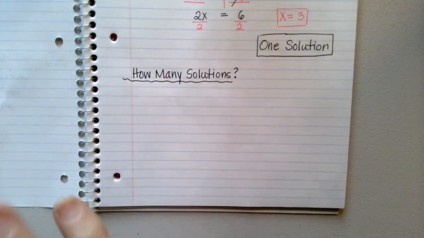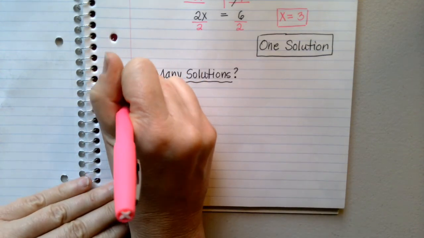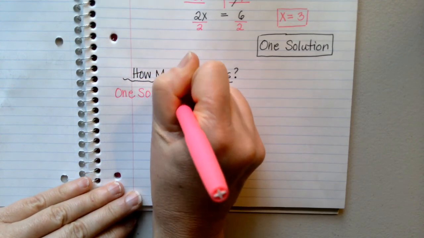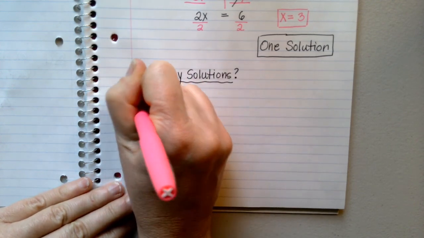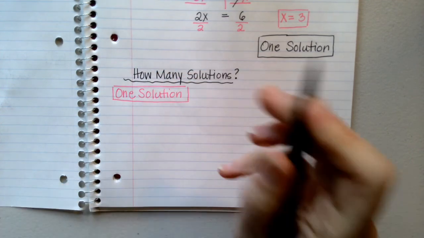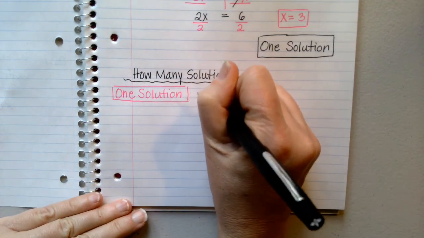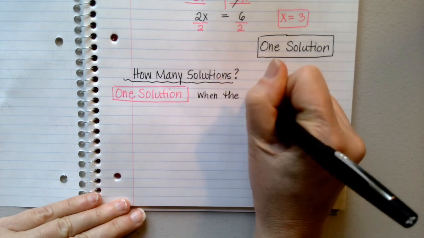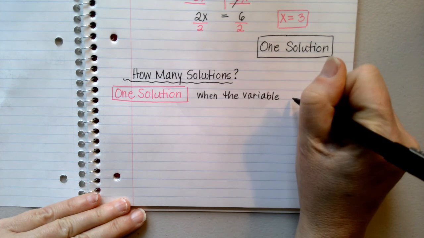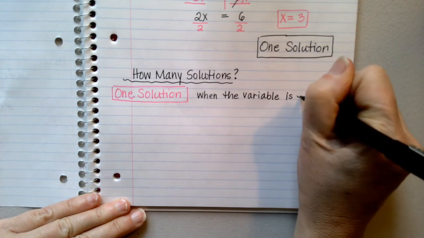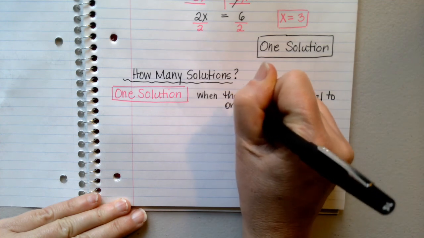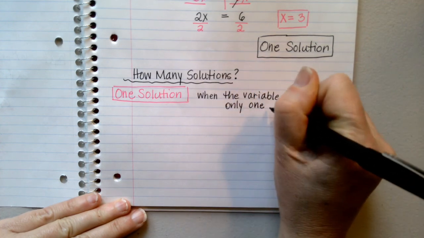So I'm going to say, well, if I have one solution, I am going to have one solution when the variable is equal to only one number.